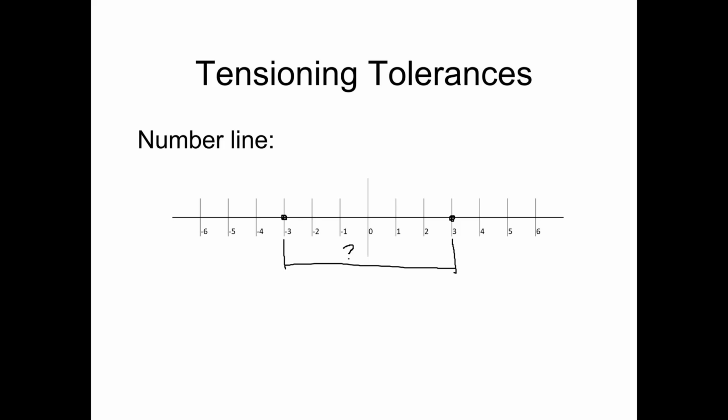In this case, that would be 6%. Sorry, I'm drawing with the mouse, so it doesn't look the greatest, but that would be 6%. So in this case, that strand is out of tolerance. The combined error in force and error in elongation is 6%, which exceeds the allowable value of 5%. So that strand is tensioned out of tolerance.